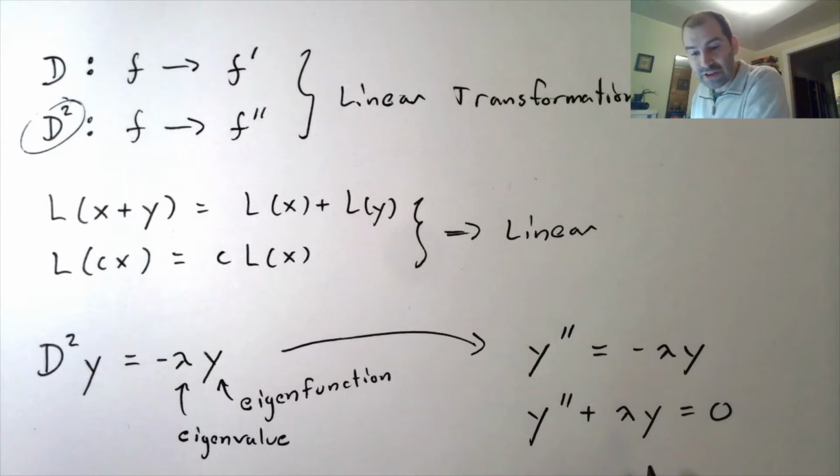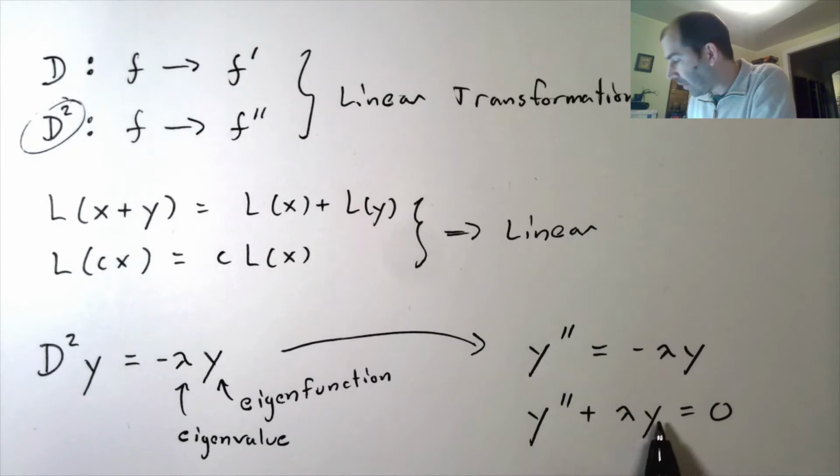So we are really just investigating this differential equation. The solutions to this differential equation are the eigenfunctions, and the values of lambda are the eigenvalues. Now I have to point out one important thing here. We never let a trivial function count as an eigenfunction.